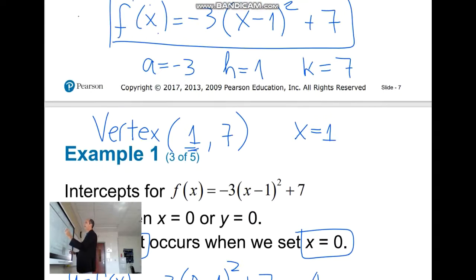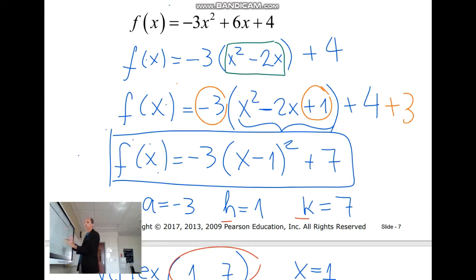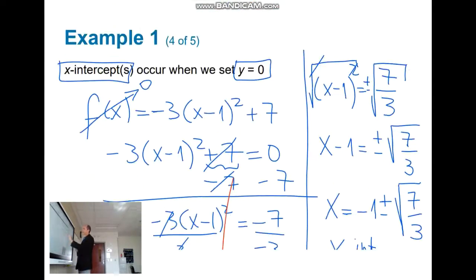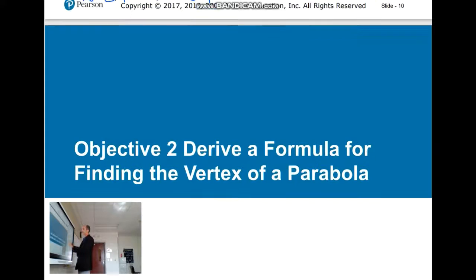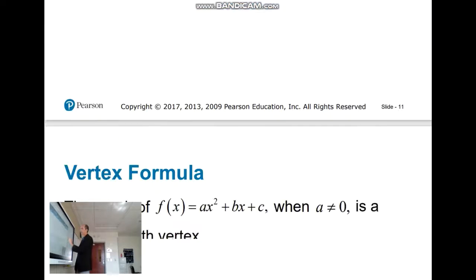You can find h, you can find k, and then you find the vertex. But you had to manipulate and change the equation into a different format to be able to do this. Another method is by actually using a formula to find the vertex of the parabola.